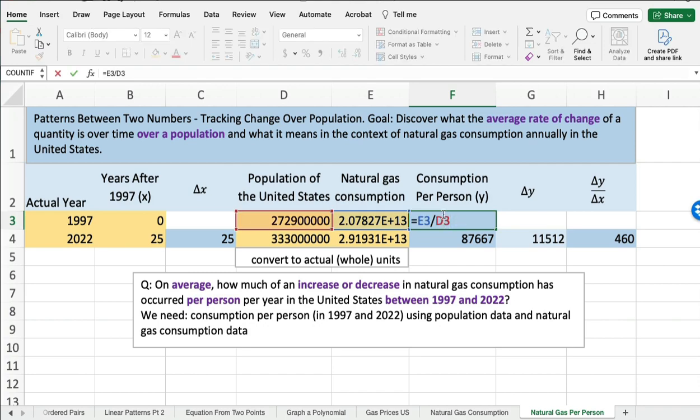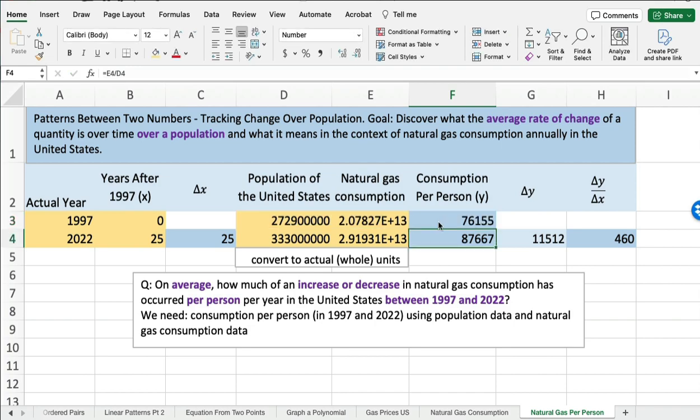To calculate the consumption per person, we have to take the consumption itself and divide by the population. So that's equals E3 divided by D3, and then down here in row 4 equals E4 divided by D4. So that gives us the natural gas consumption per person.